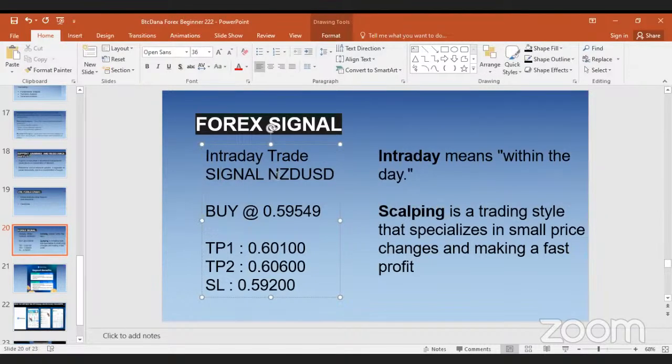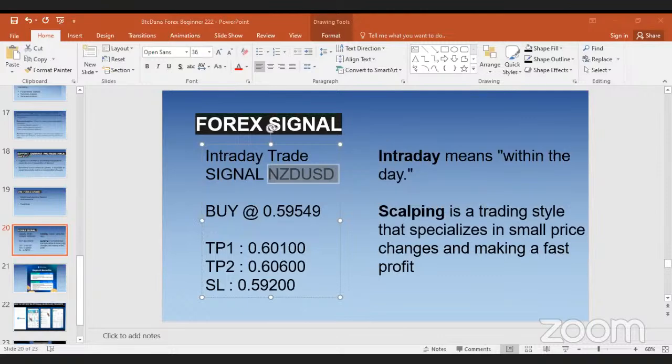So I don't want us to have any issue while moving ahead. This is how the signal is going to look. You see this intraday trade signal, then this is the pair we are trading. Those pairs are in your BtcDana application.